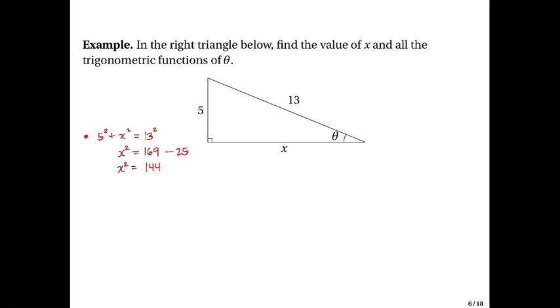If we take the square root of this, we'll just give the positive value of x, because anyway, we will be talking about length. So we will just get 12. The value of x in here is equal to 12.